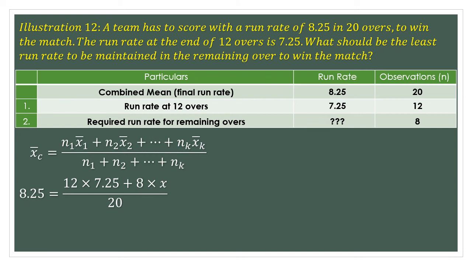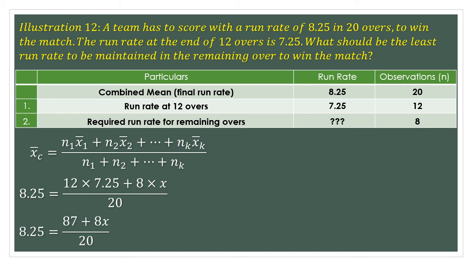What we are going to do first is that on the right side of the equation, in the numerator, we are going to multiply the values. So 8.25 will be as it is. 7.25 multiplied by 12 will be 87 runs. That means in the first 12 overs they have actually scored 87 runs. 8 multiplied by x will be simply 8x, nothing new there.